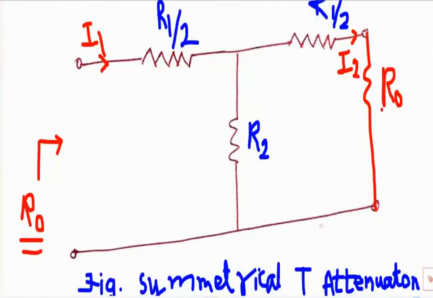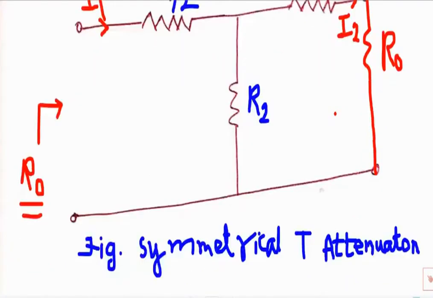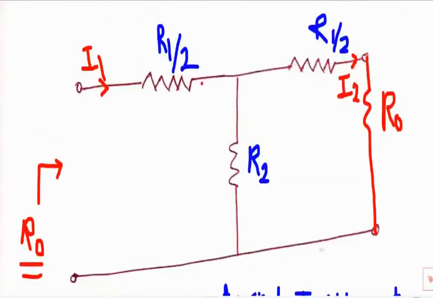So I will get one relationship with R0 and N, and that will represent our resistance R1.